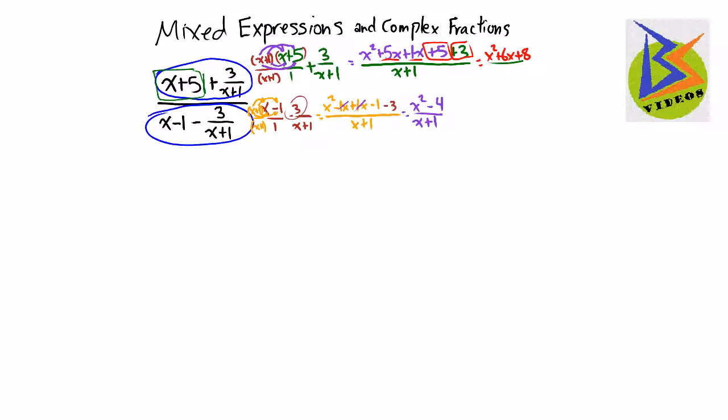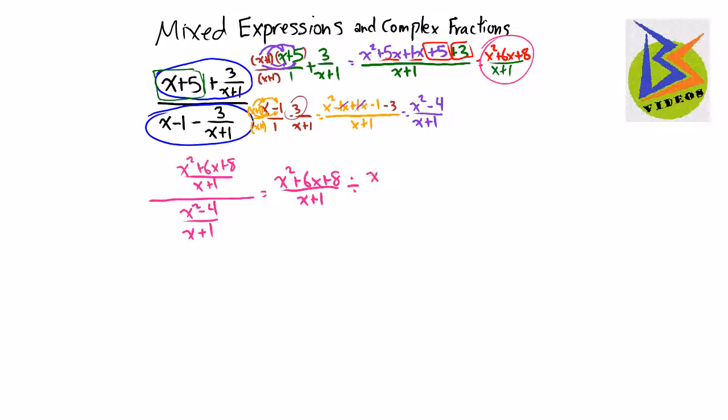All right, so now we look and we see that we have in our numerator x squared plus 6x plus 8 over x plus 1 divided by x squared minus 4 over x plus 1. Now really all this says, I'm going to rewrite this so you can see it a little bit differently, but you see that you have x squared plus 6x plus 8 over x plus 1 divided by x squared minus 4 over x plus 1.